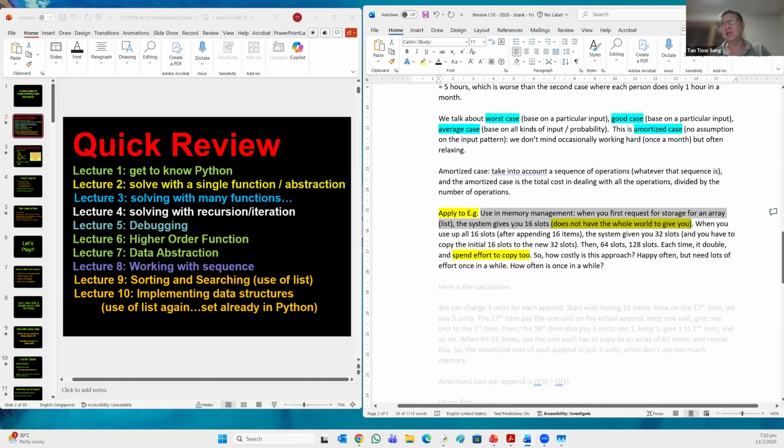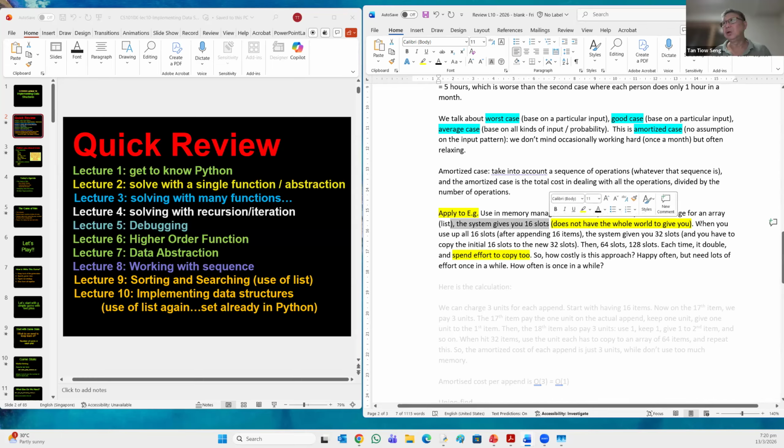So the system gives you, for example, 16 slots only, as a beginning. It doesn't give you the whole world to work with, because the array that you need could be just one of the many arrays that you need, and there are many other arrays that the system needs to satisfy also. So I don't expect that you get all the memory available in the system.